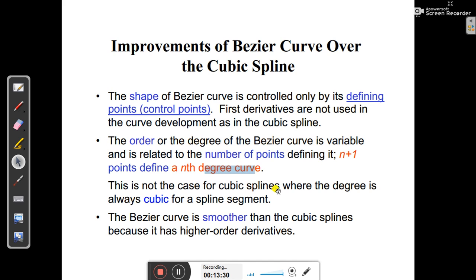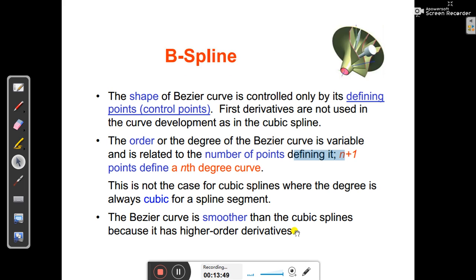This is not the case for the cubic spline, where the degree is always cubic. In the case of the cubic spline, the degree of the polynomial might not always be 3, but here it is fixed. The Bezier curve is smoother than the cubic spline because it has higher order derivatives.